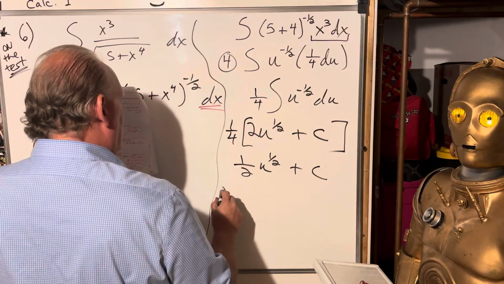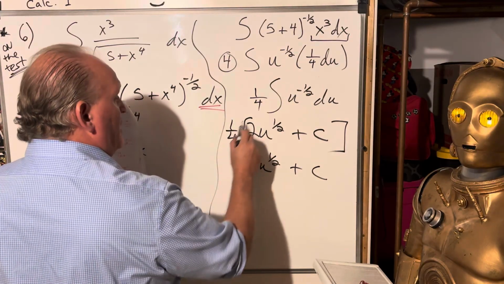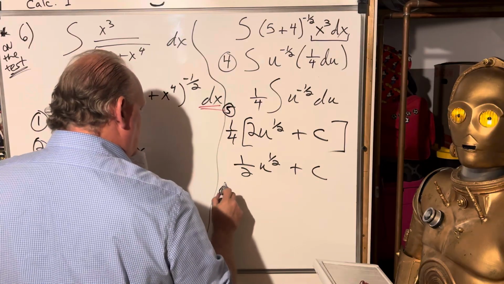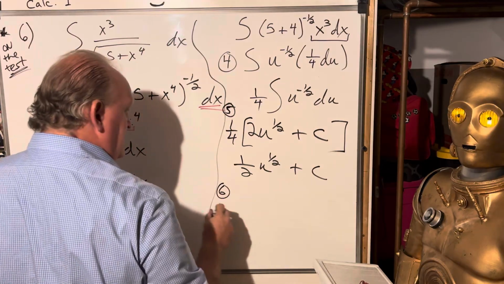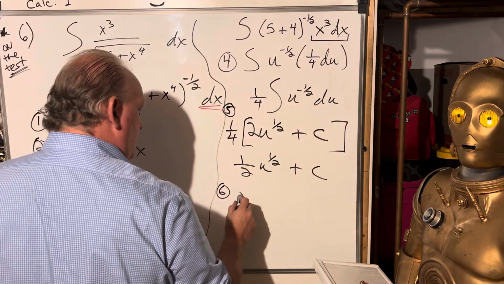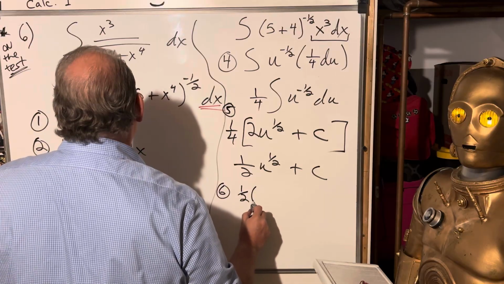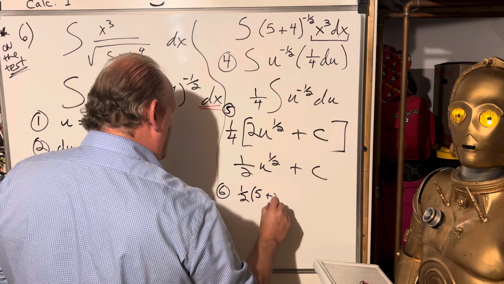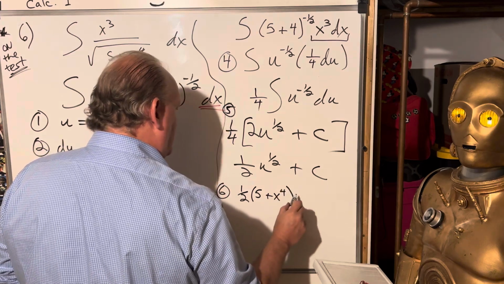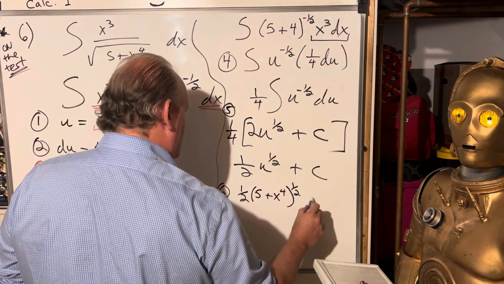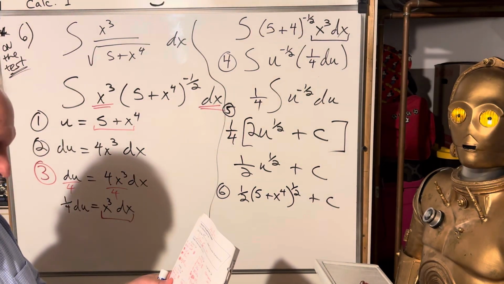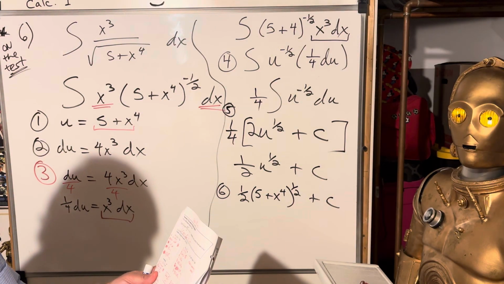And then let's remember. So step 5 was to actually integrate. And then step 6 is get your stuff back in there. So we need to call this 1/2 times 5 plus x to the 4th to the 1/2 power plus c. Don't forget that last step.